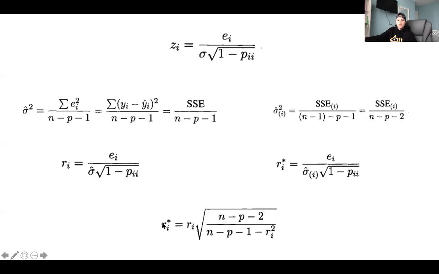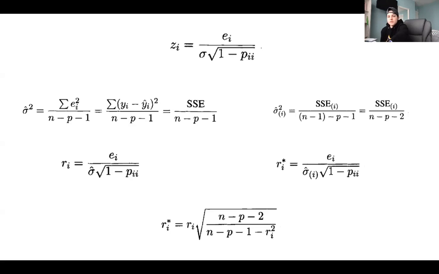We can say that r sub i star is equal to our r sub i value times the radical of n minus p minus 2 in the numerator, and the denominator in this case would be n minus p minus 1, and then we're also going to subtract our r sub i squared value.